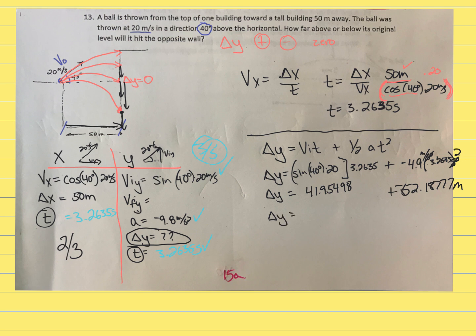Now let's take our answer and then subtract from it the 52.18777, 0085 if you want to carry more digits, and I get a delta y of negative 10.23 meters, which tells us that the accurate depiction was in fact a negative delta y, and it is hitting the wall 10.23 meters below its original starting height.